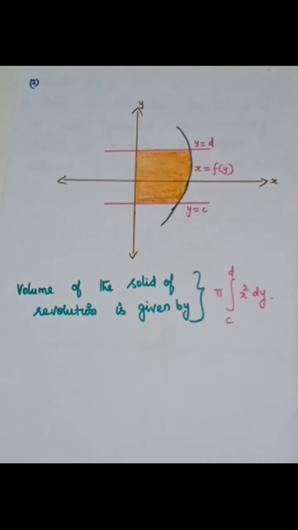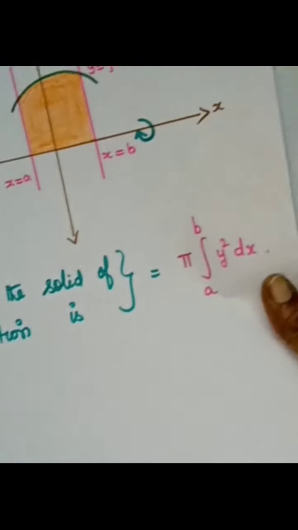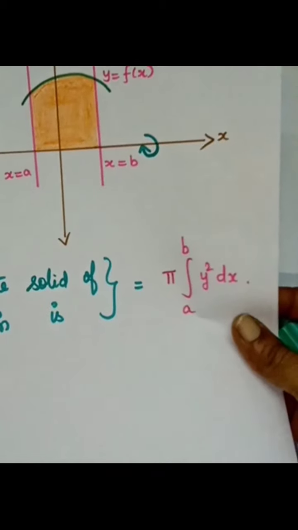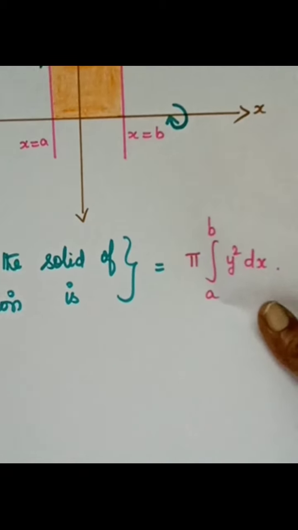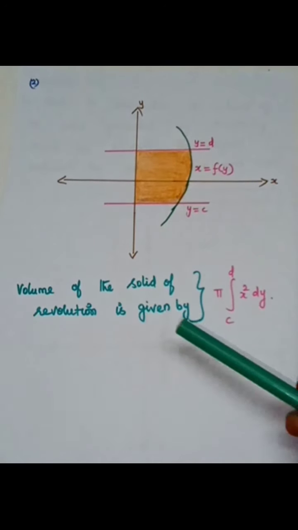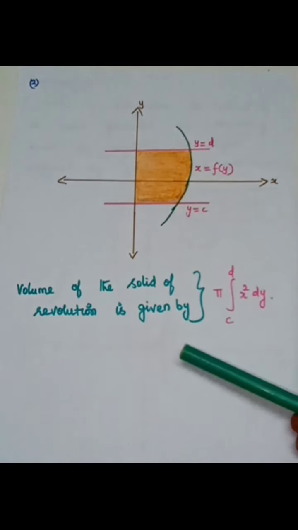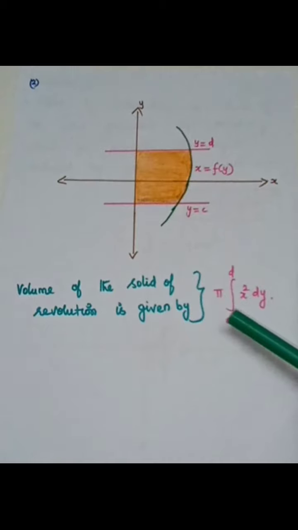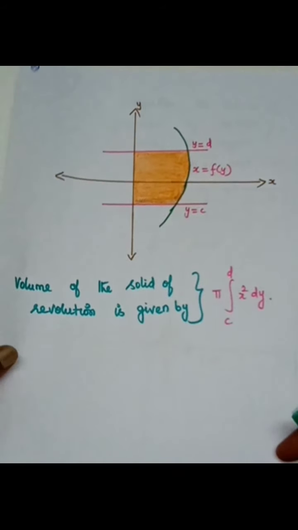When revolved about the x-axis, the formula is pi times the integral from a to b of y squared dx. When the area is revolved about the y-axis, the volume is given by pi times the integral from c to d of x squared dy. So using these formulas we are going to do the problems.